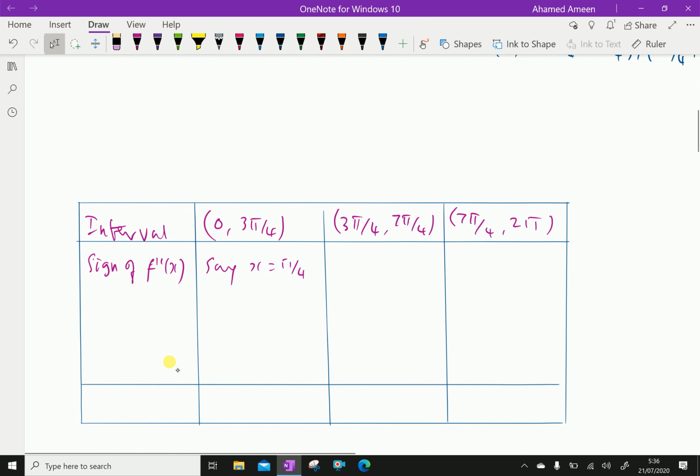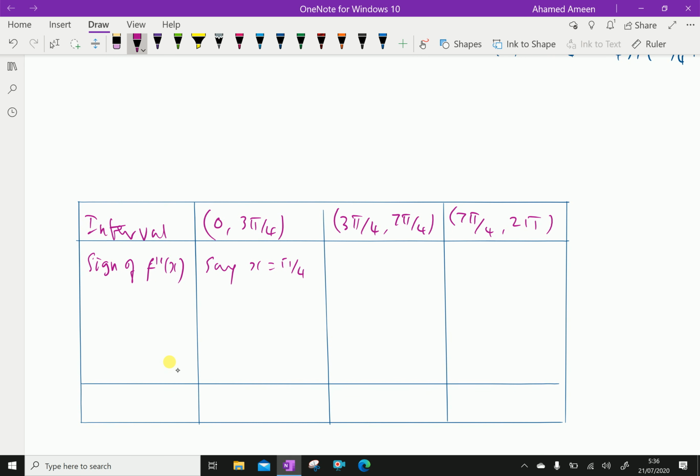Minus sin of pi by 4 is minus 1 by root 2, minus cos of pi by 4 is minus 1 by root 2. This is a minus sign.